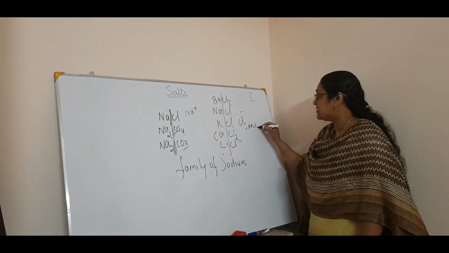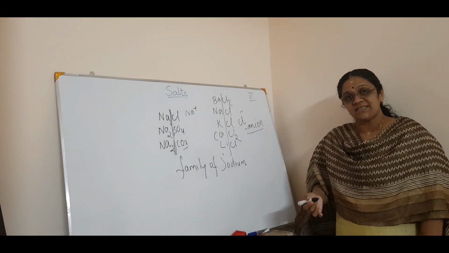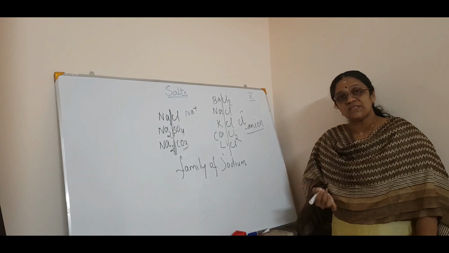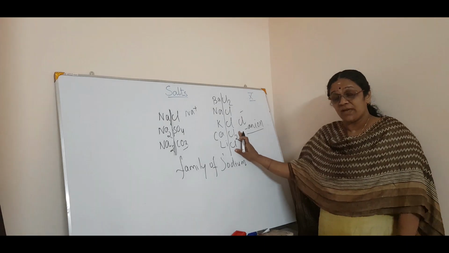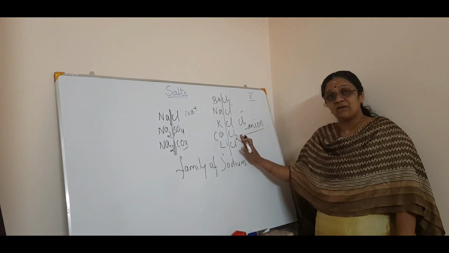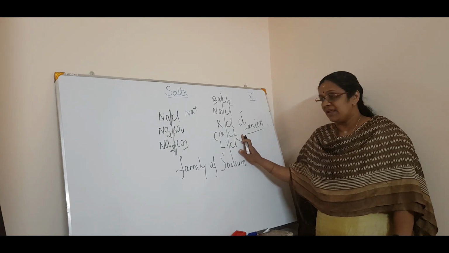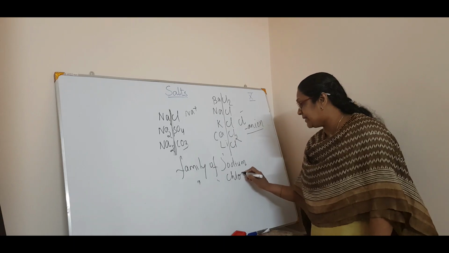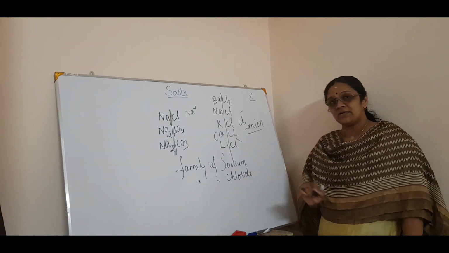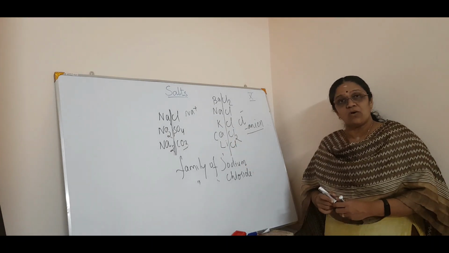But a minus ion is called what? Anion. Plus ion is called cation. Minus ion is called anion. So in this case, what is the family called? The family of chloride salts, isn't it? So you can write like this. The family of chloride salts. So this is what you call family of salt.